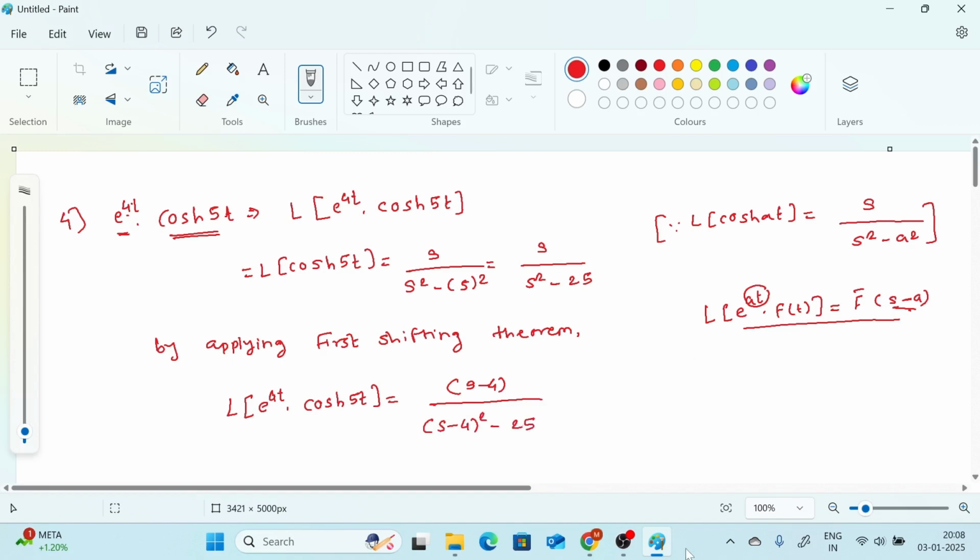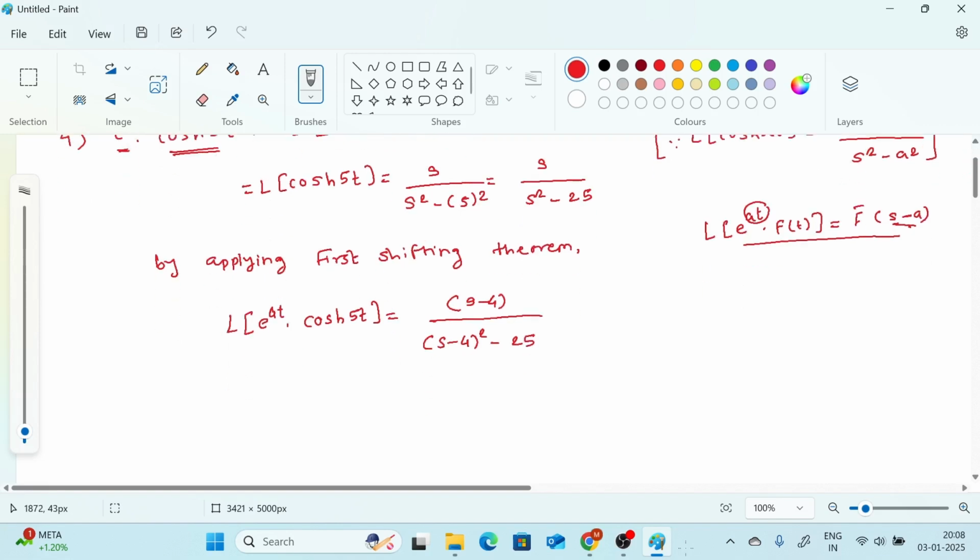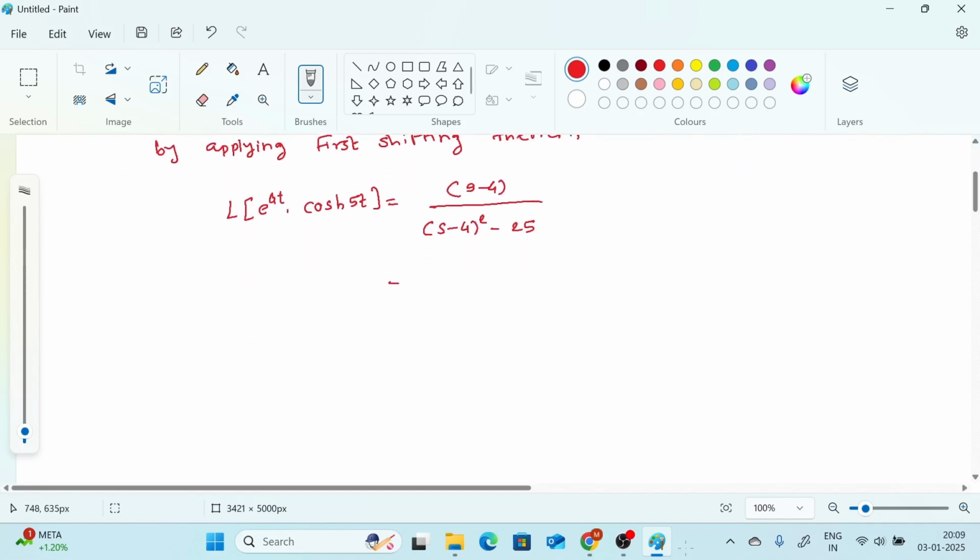We simplify it, we get s minus 4, right? s square minus 8s plus 16 minus 25.